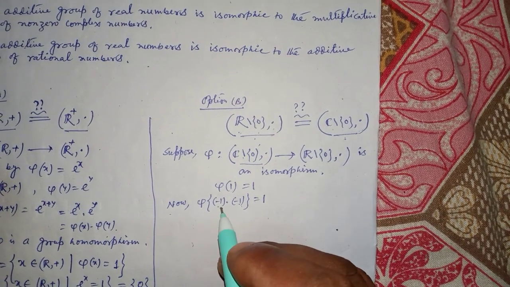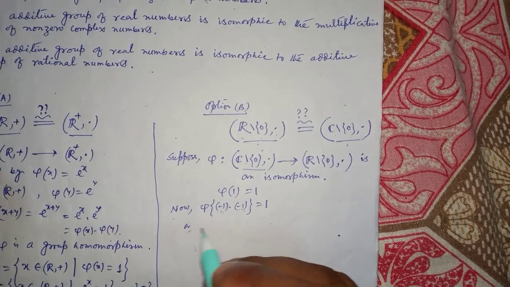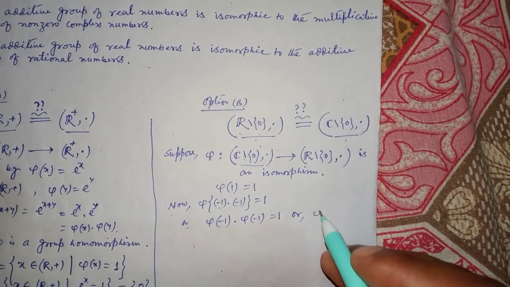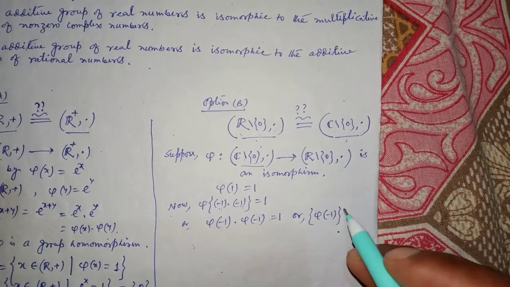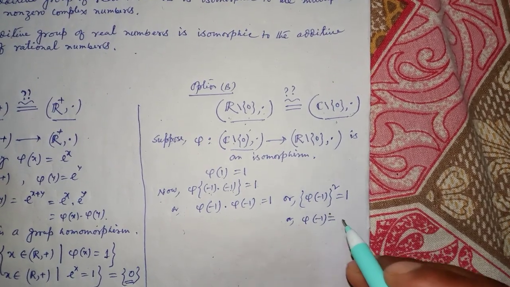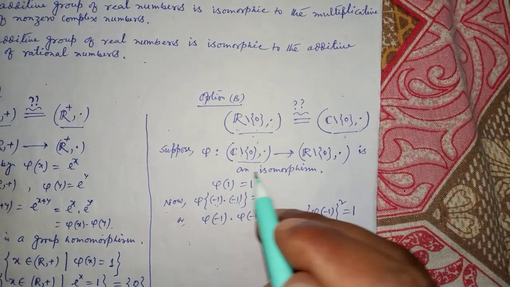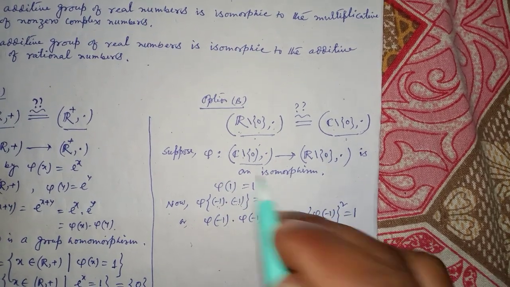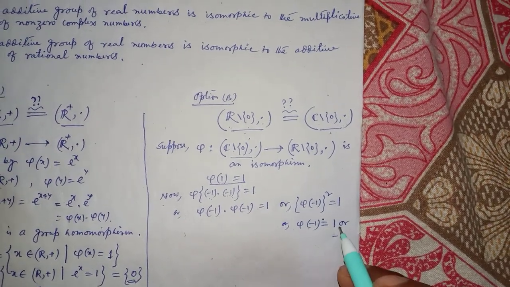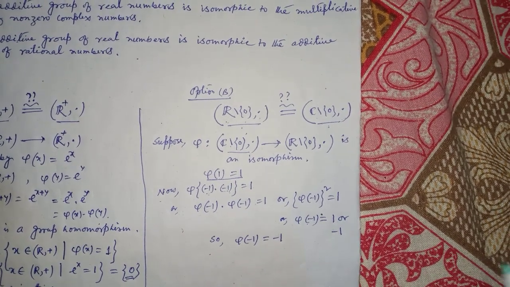So phi of 1 is equal to 1 means phi of minus 1 into minus 1 is equal to 1, or phi of minus 1 into phi of minus 1 is equal to 1, or phi of minus 1 whole square is equal to 1, or phi of minus 1 is equal to 1 or minus 1. Since phi is an isomorphism, it is injective and surjective. Since it is injective and phi of 1 is equal to 1, phi of minus 1 is not equal to 1. So phi of minus 1 is equal to minus 1.